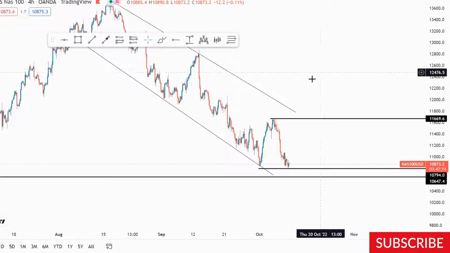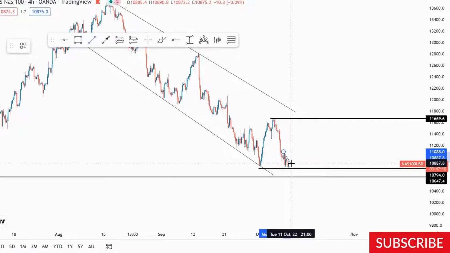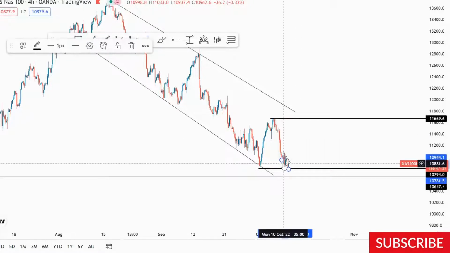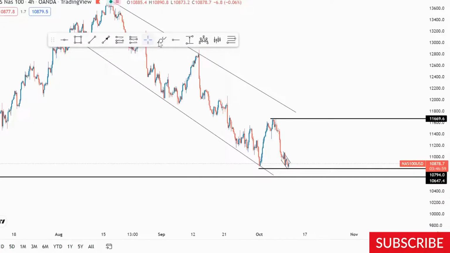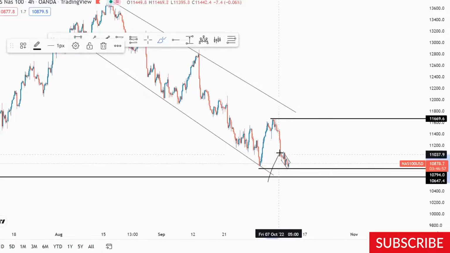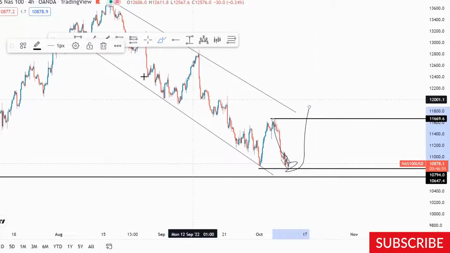So let's get clearer now, because as you can see, we have a nice pattern over there, which is a flag. Flags, guys, are patterns that act as continuation and also reversal patterns. It's a continuation when it's coming from this direction, then corrects, and then goes to the upside. If it's coming like this and then does this, then it's a reversal pattern, right?